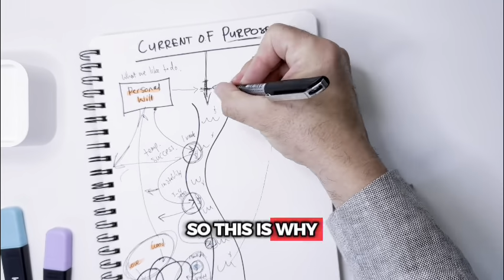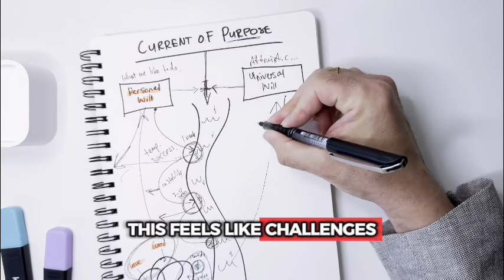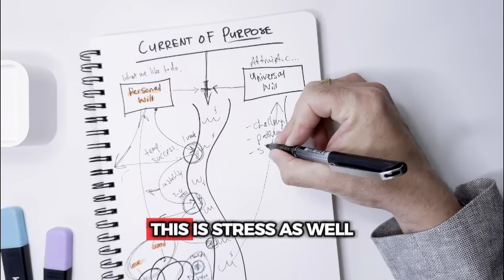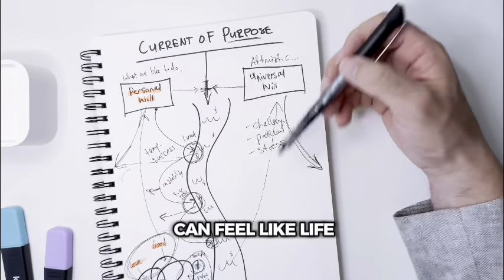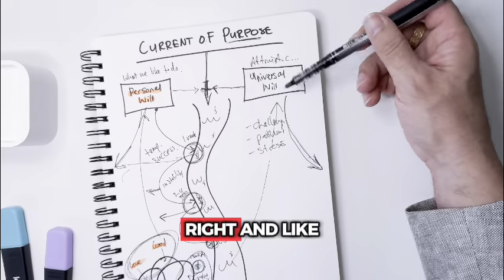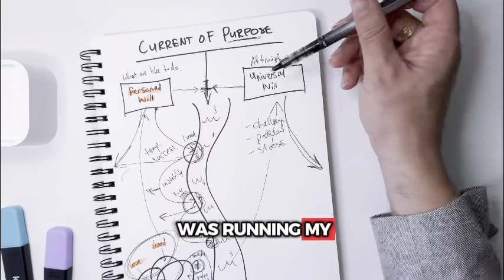So this is why, and here, right, this feels like challenges, right? This is challenges, problems. This is stress as well, right? Because this is where we can feel like life is running us. We're not running life, right? And this is what happened to me when I was running my agency, right?